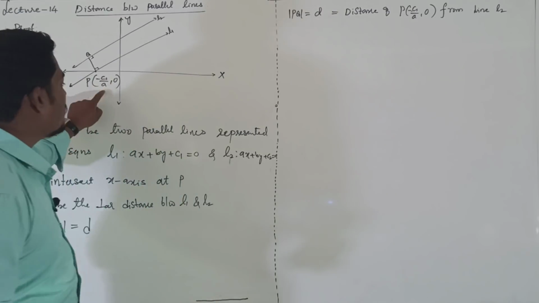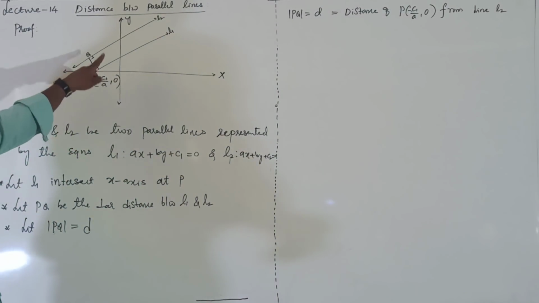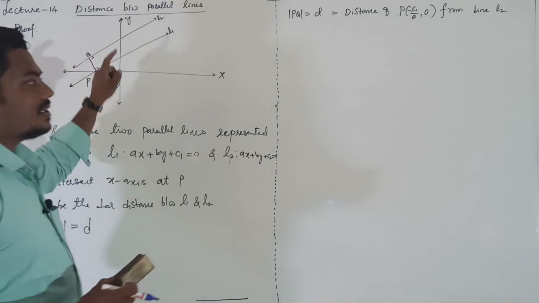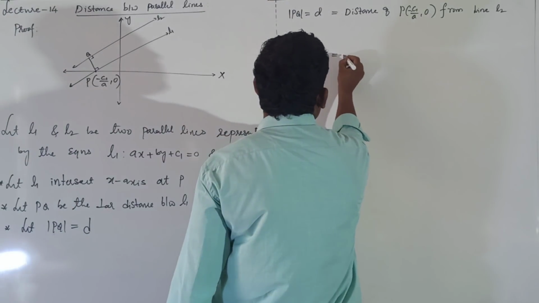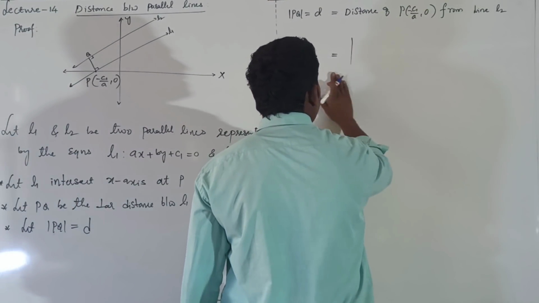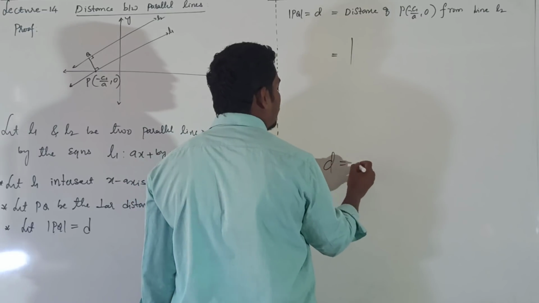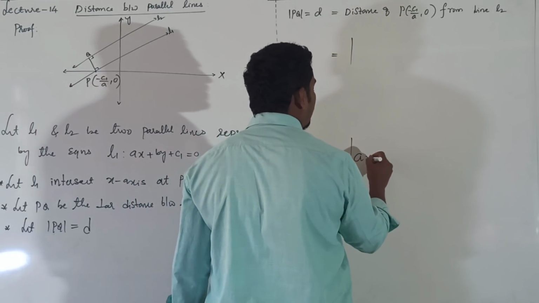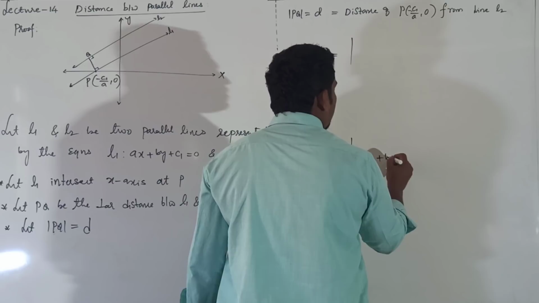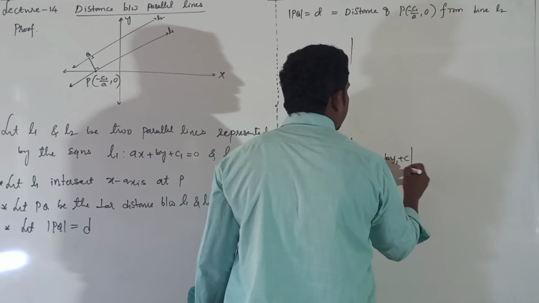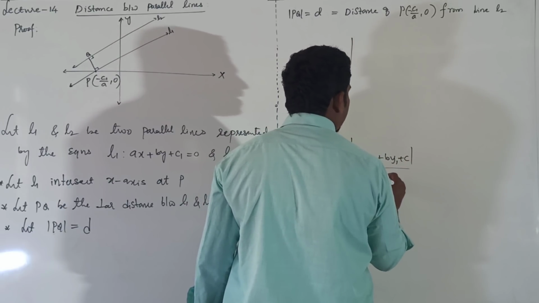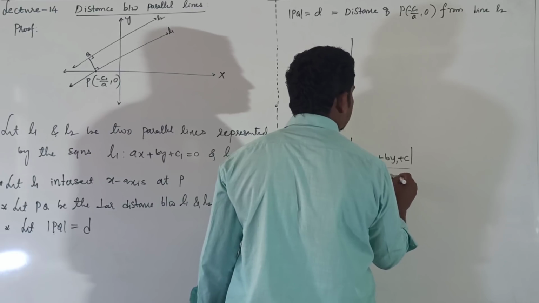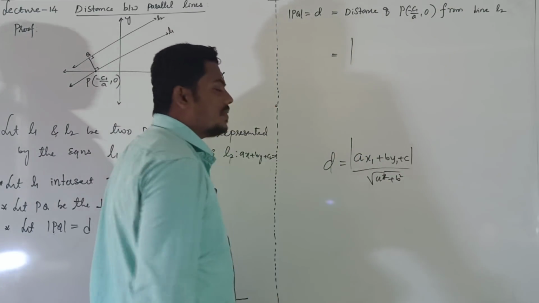In this case, this point is x1 comma y1 and the line equation they have given. That is equal to modulus of a x1 plus b y1 plus c divided by square root of a square plus b square, right? This is the distance between a point and a line.